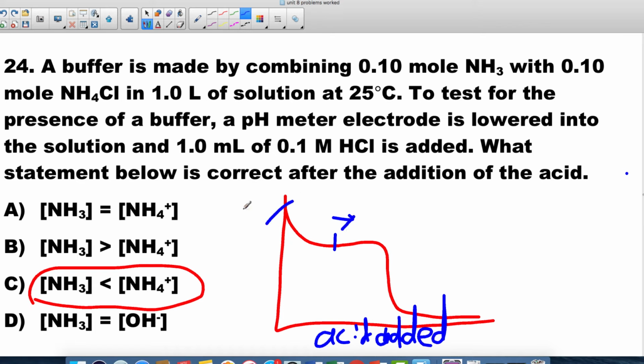At this point, point A on the graph, that was all NH3. At the equivalence point, point B, that's going to be where all the NH3 has been turned into NH4. So if you're adding acid from the half equivalence point, you're going to move slightly more towards B, meaning you'll have less NH3 and more NH4.